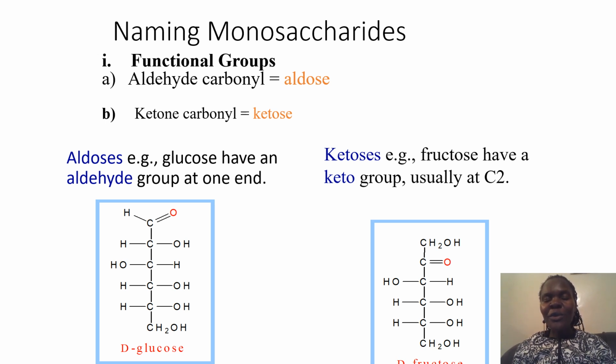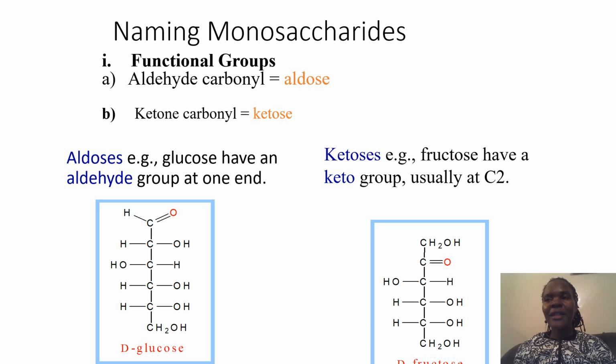When you are told to draw L-glucose, D-glucose, L-fructose, D-fructose, L-mannose, D-mannose, then definitely the L and the D will tell you that the teacher expects you to draw your sugar or your monosaccharide in a linear form.